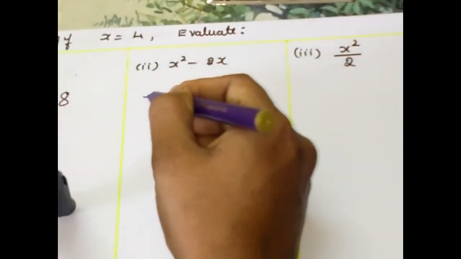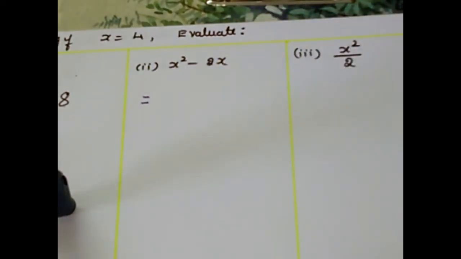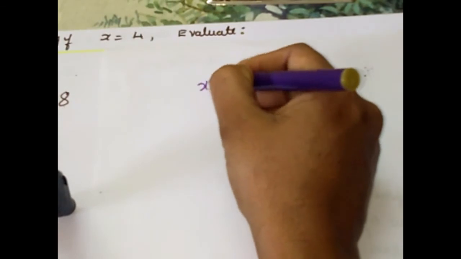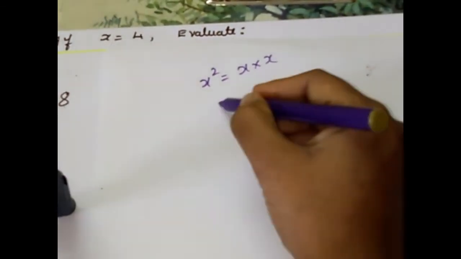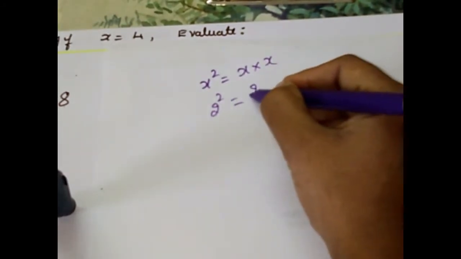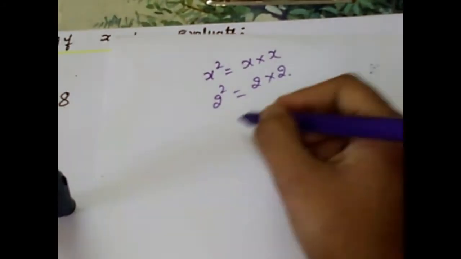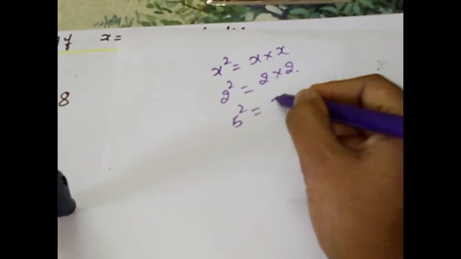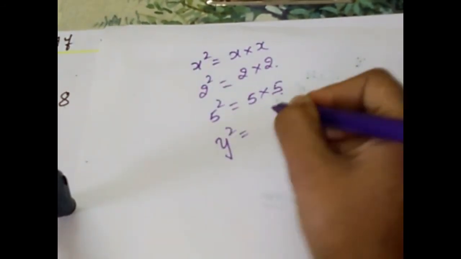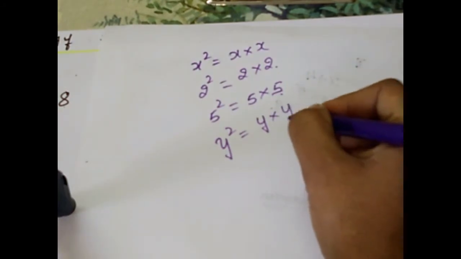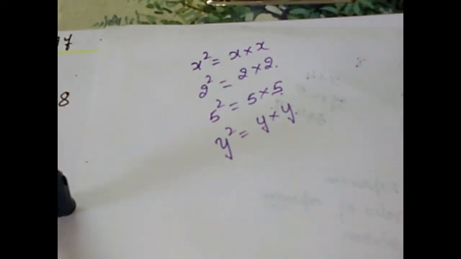What do you mean by x square? x square means x into x. 2 square means 2 into 2. 5 square means 5 into 5. y square means y into y. So what did we learn by this?